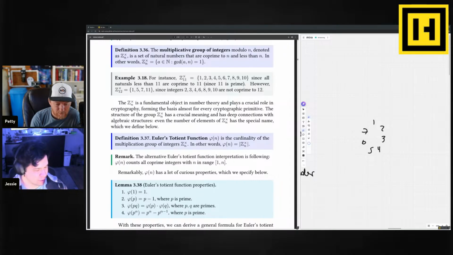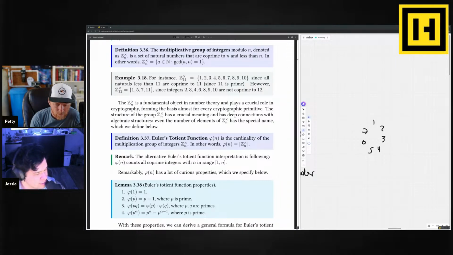It's a fundamental object in number theory and plays a crucial role in cryptography, forming the basis for almost every cryptographic primitive. The structure of the group Z to the star sub n has a crucial meaning. It has deep connections with algebraic structures. Even the number of elements of Z sub n star has a special name, which we define below.